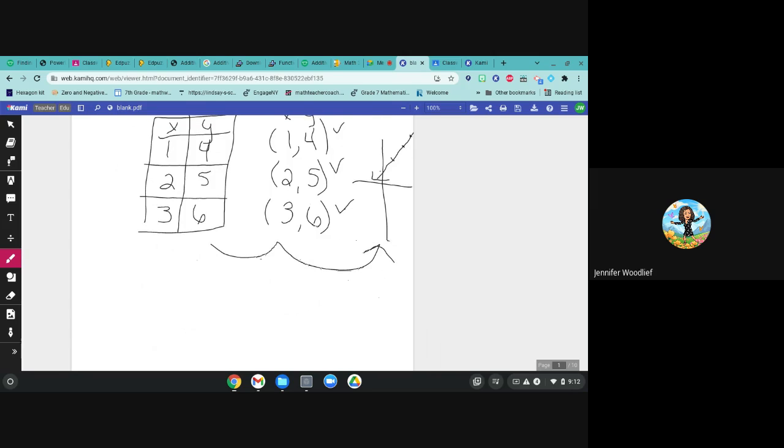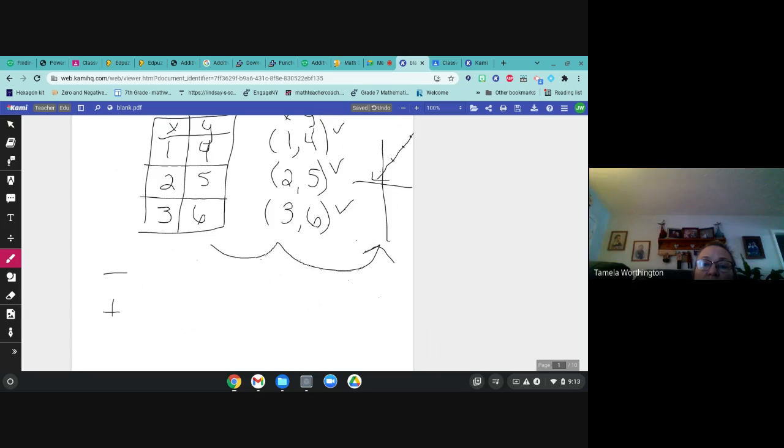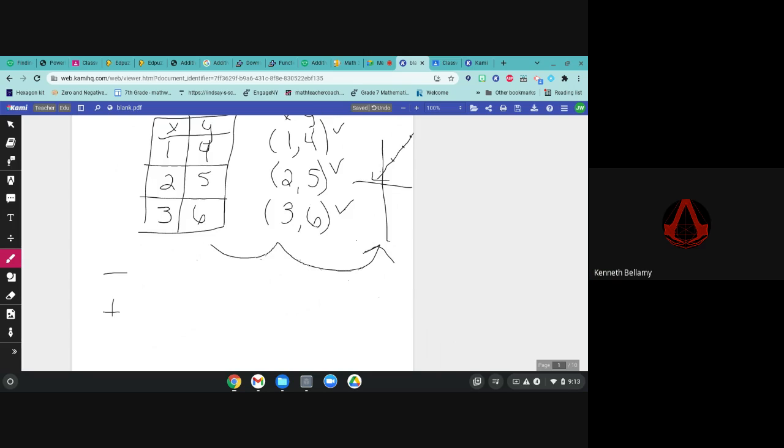Anybody have a thought? Can I rewrite a subtract as an addition statement? Yes, because if I had X minus 4, I could rewrite that as X plus negative 4. Is that correct? Those two statements are the same thing.